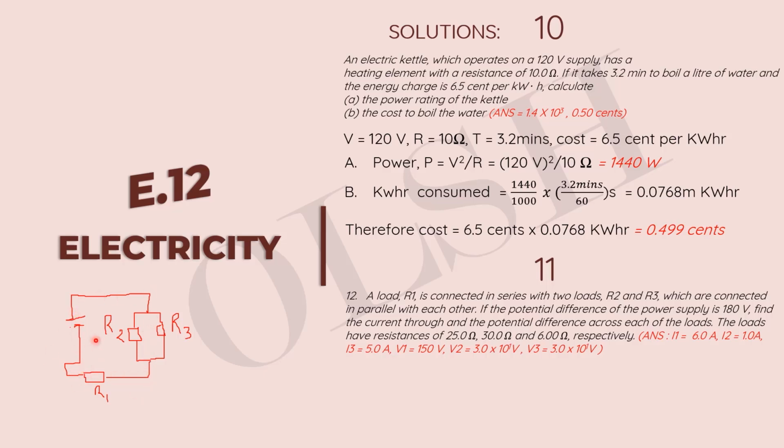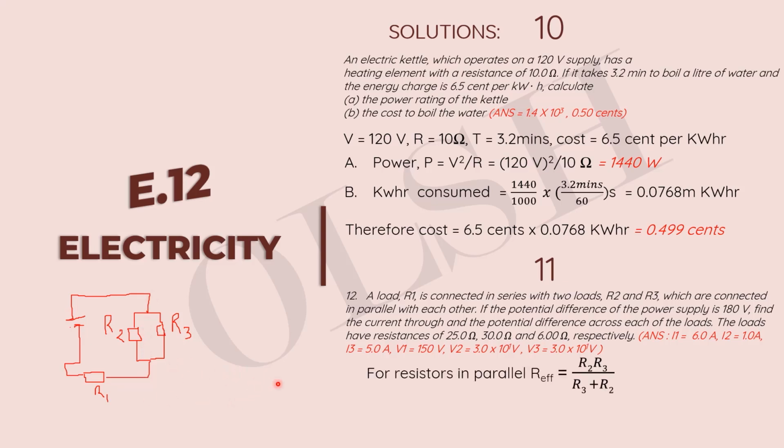If we find it, obviously we have found the current through R1, because any current flowing through the circuit is that same current flowing through R1 because of how it's positioned. It's just that it will split between R2 and R3, but the network R2, R3 together will experience that same flow of current. So let's find that.